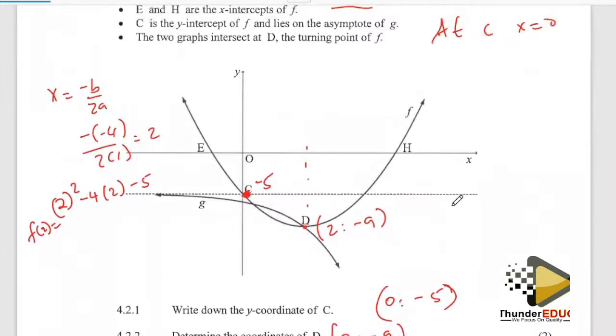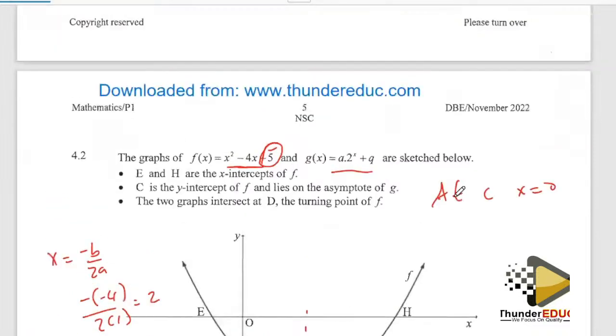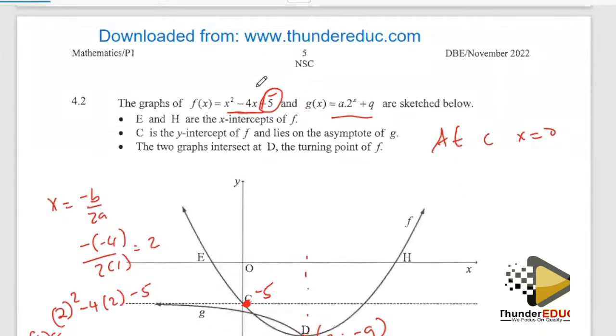Okay, so what this means is, if we look at our graph, remember this is f. We're saying f of x minus k must always be greater than 0. In other words, the graph must be above the x-axis.